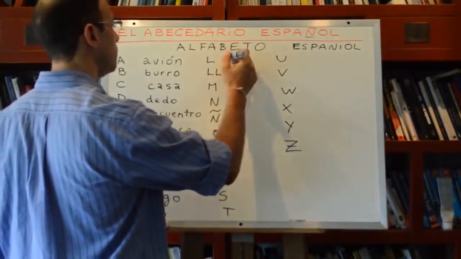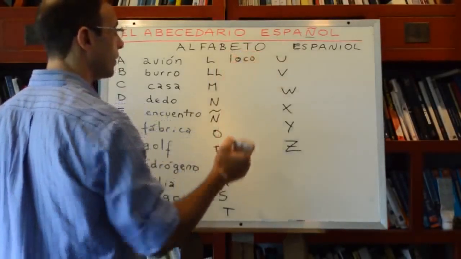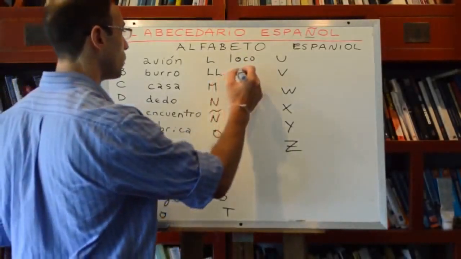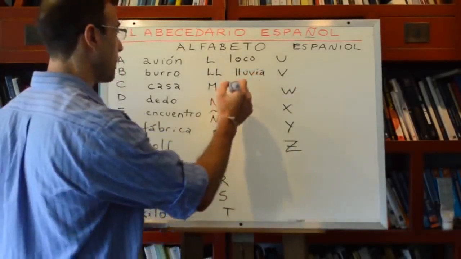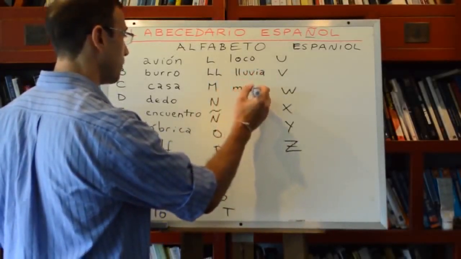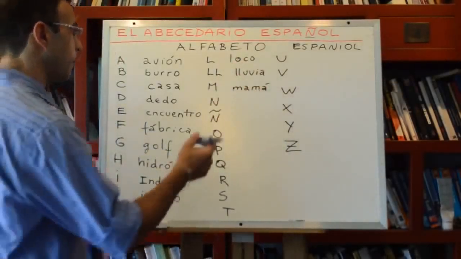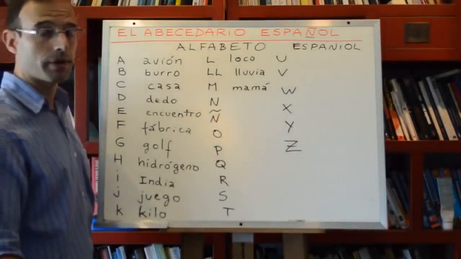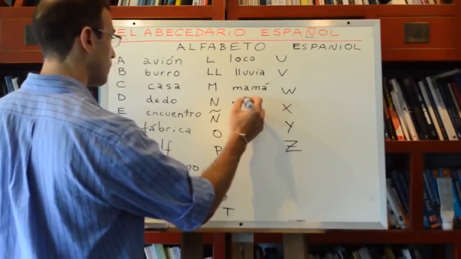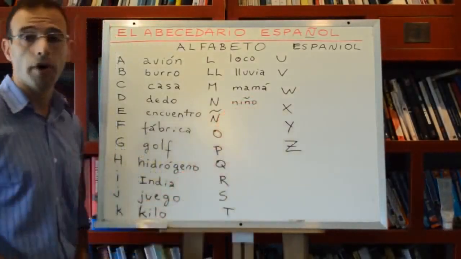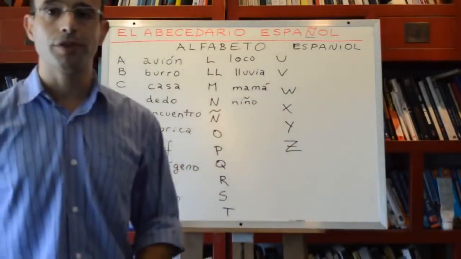With L will be loco. Loco means crazy. Lluvia, rain. Mamá, of course, for mom, or madre for mother. Niño for boy, but niño also works for child.